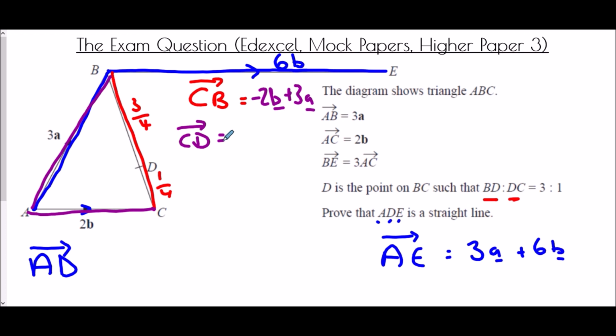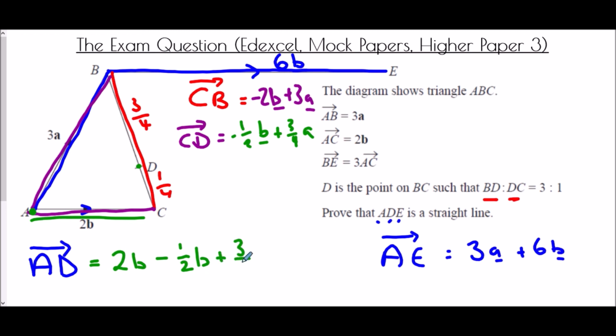But CD is only a quarter of that. And so a quarter of CB is going to be negative a half b and plus 3/4a. Now, if I need to get from A to D, well, I'm going to have to move along 2b and then subtract a half b and add 3/4a in order to travel along AC and then CD.